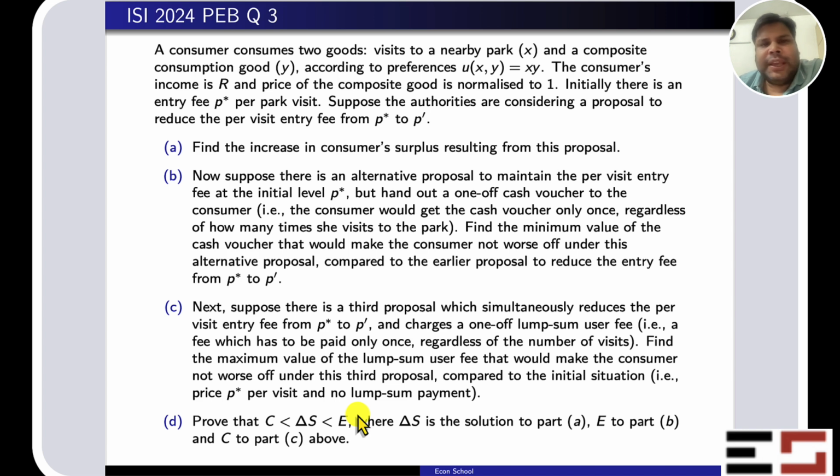Before we begin this problem, we may have to solve the consumer's utility maximization problem and the expenditure minimization problem several times. So let us first look at the solution to the utility maximization problem of the consumer whose utility function is U(X,Y) equal to XY, and the solution to the expenditure minimization problem of the same consumer.